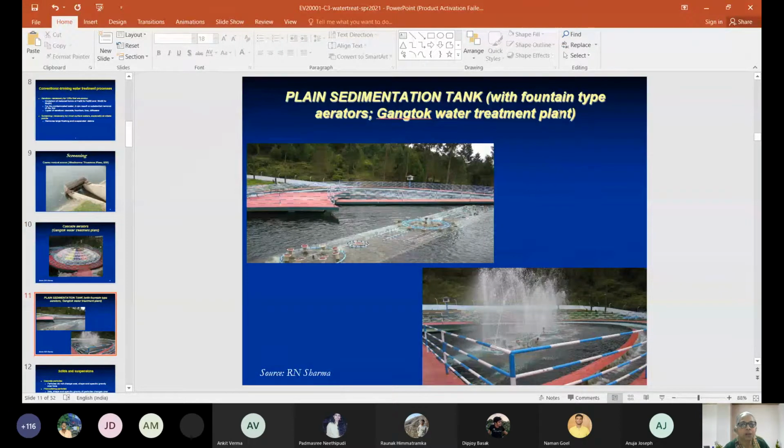Here is what is called a fountain type aerator. A fountain type aerator is very common. You have seen it. All fountains operate on the same principle. So this is the fountain when it's not in operation. You can see it's a circular set of main pipes, and they have nozzles. You can see the tiny nozzles. They're all facing upwards. When the aerator is in operation, you can see what is happening.